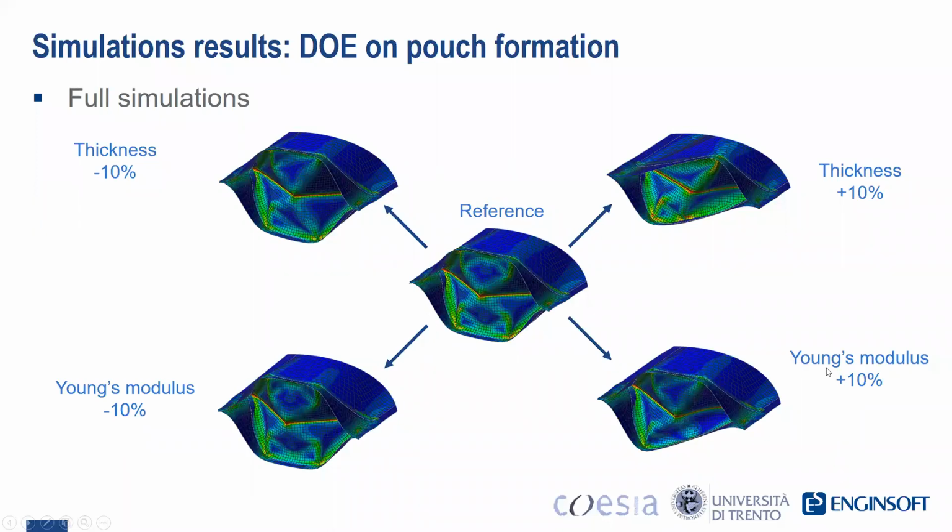So we can see, for instance, that increasing the Young modulus could be problematic due to excessive constraints during the formation.